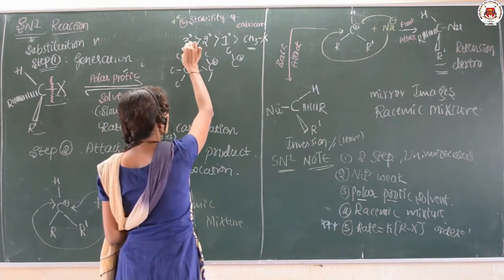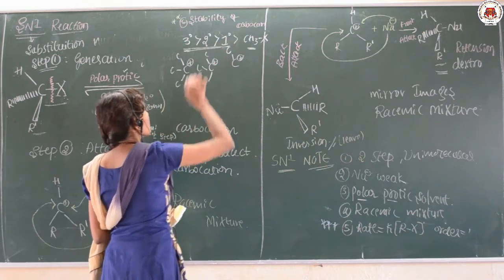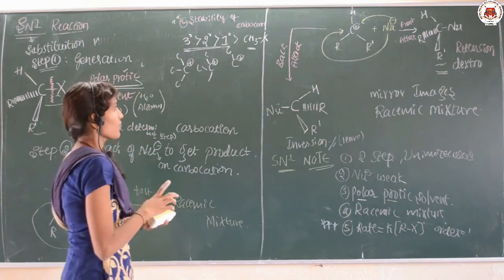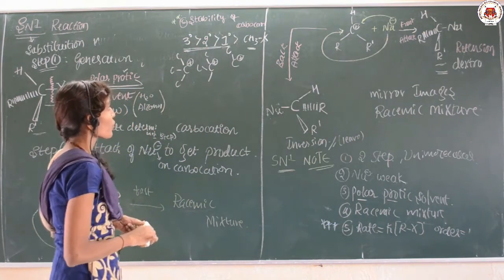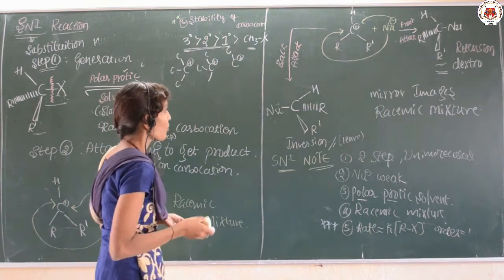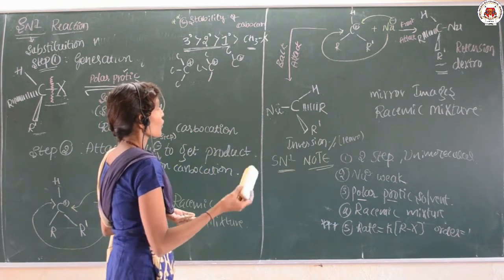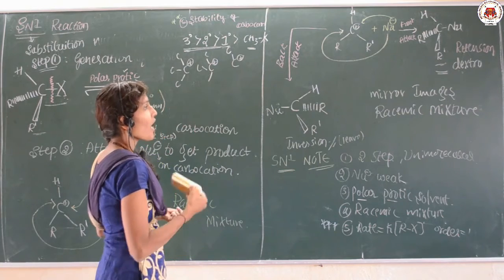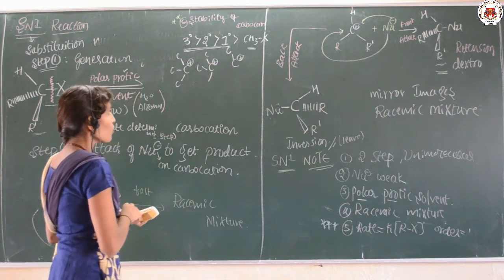The rate of reaction depends upon the stability of the carbocation. If it is tertiary, the rate of reaction will be more as compared with secondary, primary, and zero degree.